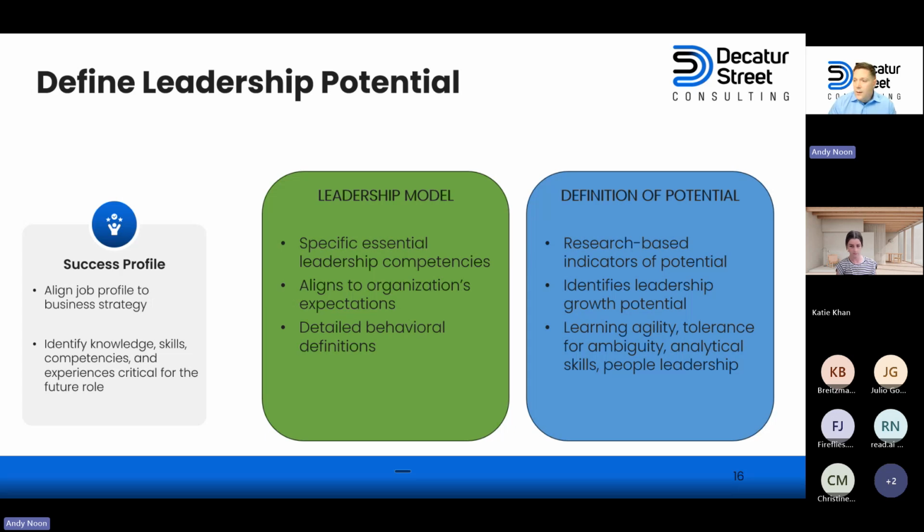And I'm not going to tell you exactly what that should look like. I have my own perspective, but I think there are 2 directions you can go. One is to just define the leadership model that you want to use in your organization. So, the specific competencies should be aligned to what your organization is trying to accomplish.